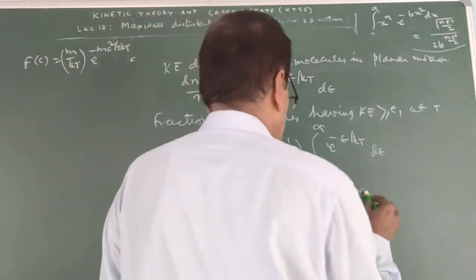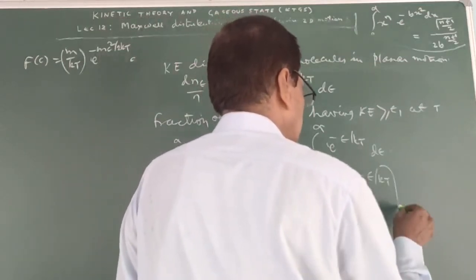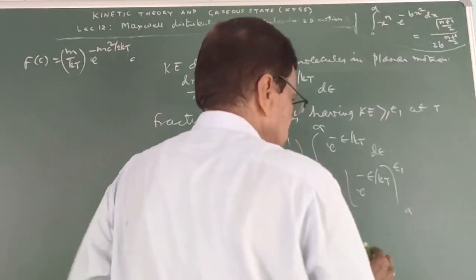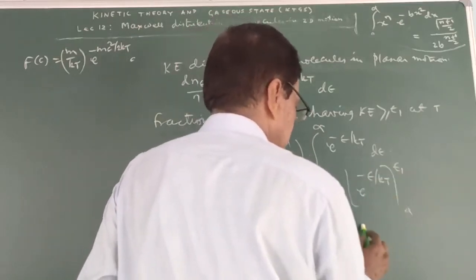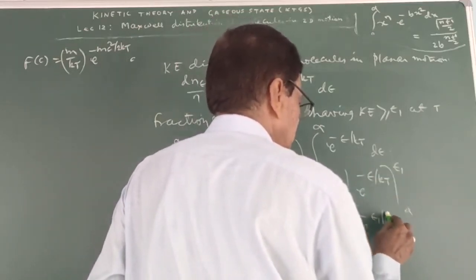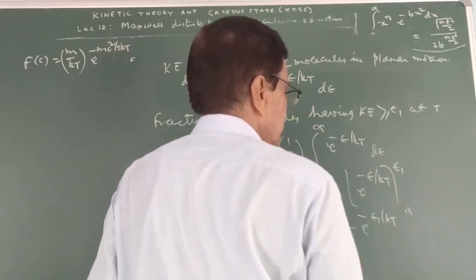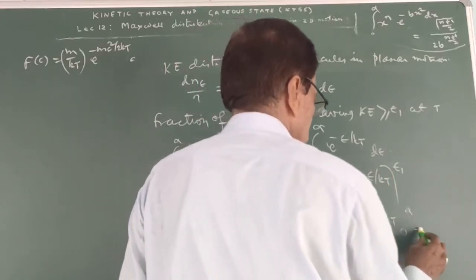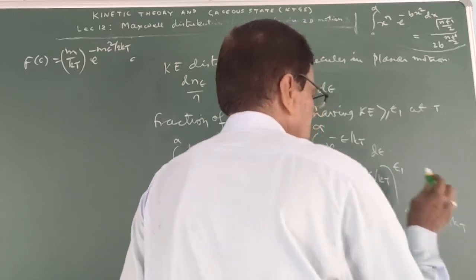So e to the power minus epsilon by kT, with infinity here and epsilon 1 here. First the limit gives e to the power minus epsilon 1 by kT, and when infinity is placed here, it is equal to 0. So it is minus 0. So this is equal to e to the power minus epsilon 1 by kT.